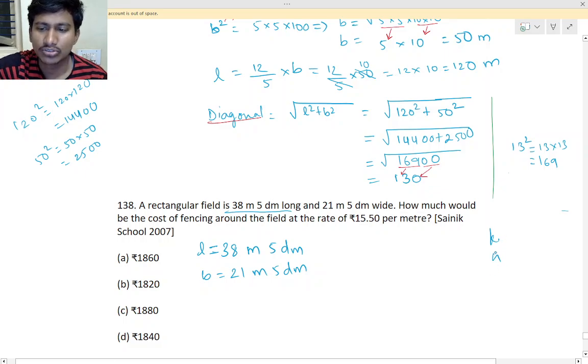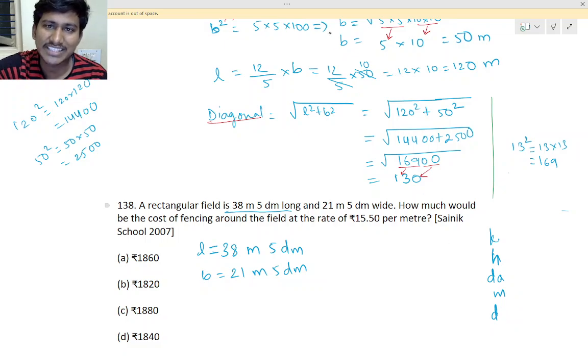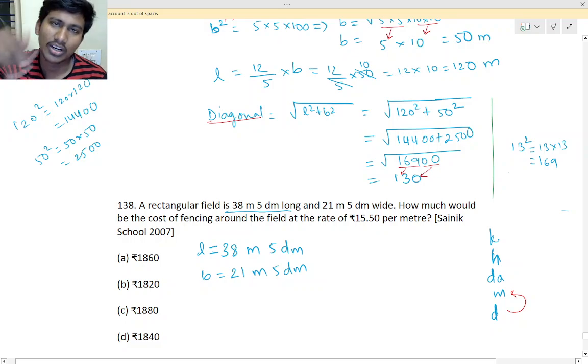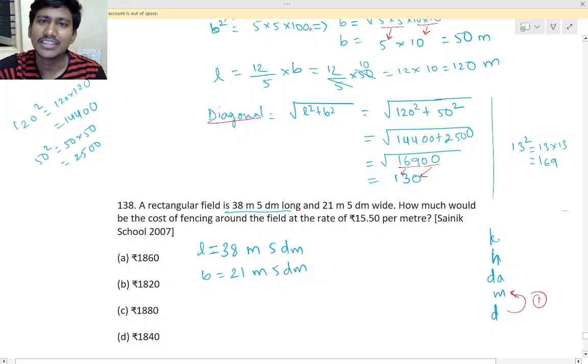Okay, so here we know how to convert, right? Kilo, hecto, deca, then meter, then deci. So we have to go from decimeter to meter. We have to go up, that is small to big. We have to divide. One step means we have to divide with how much? 10.